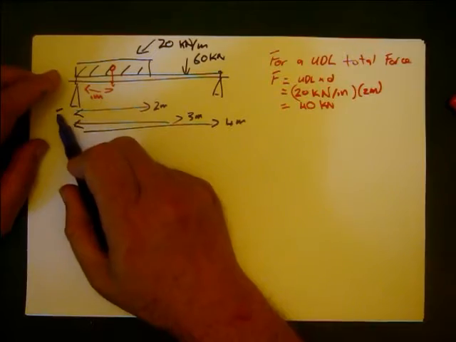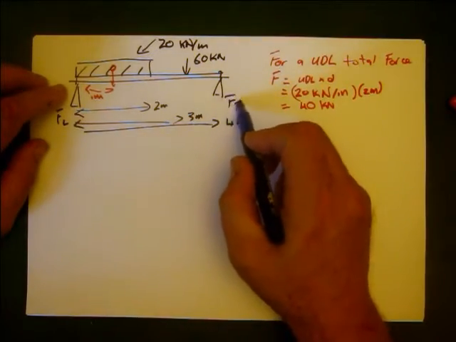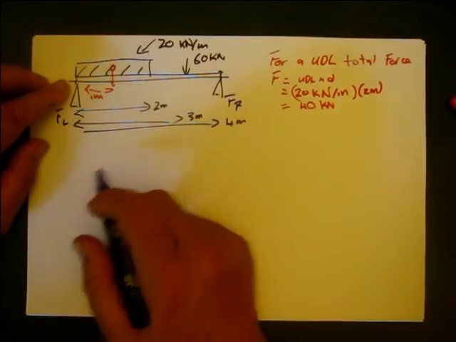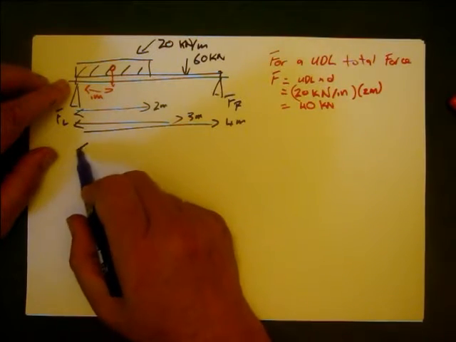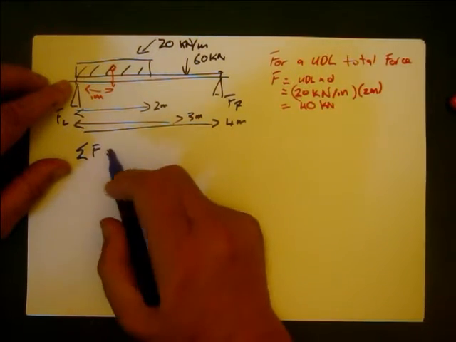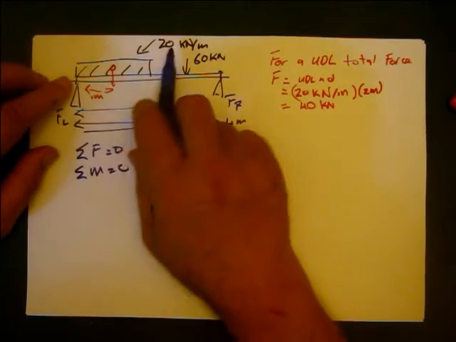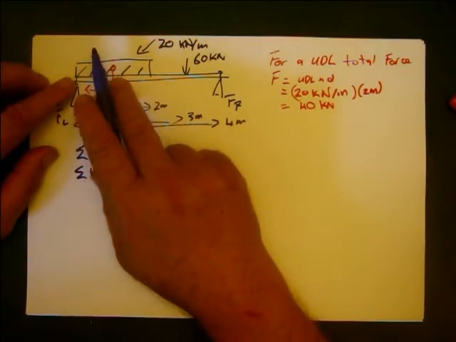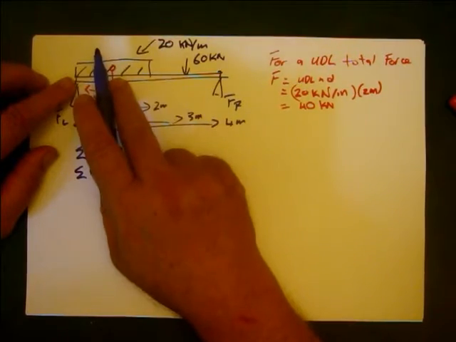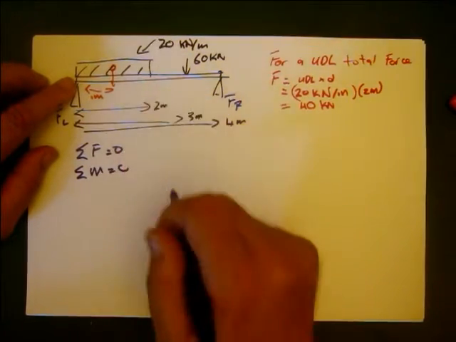So we've got force left, force right. To find force right, remember sum of forces equals 0 and sum of moments equals 0. So basically this is a 40 kilonewton force at 1 meter.